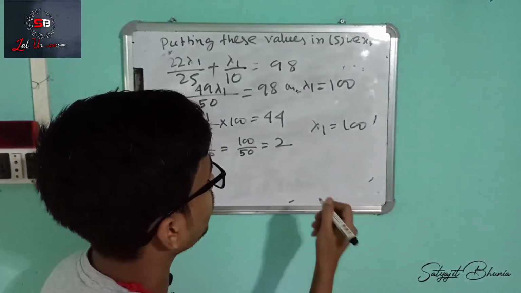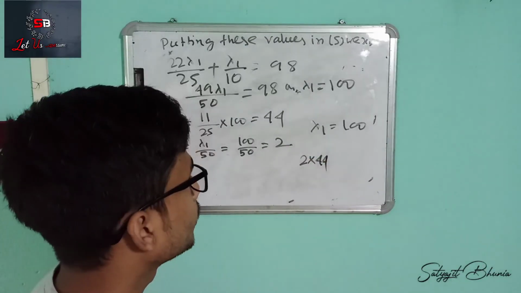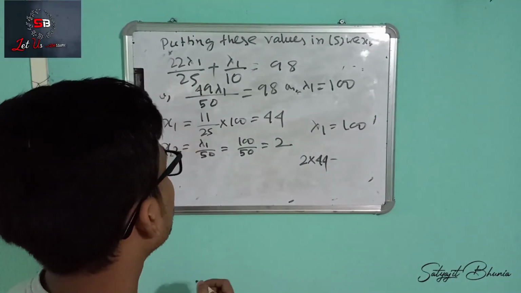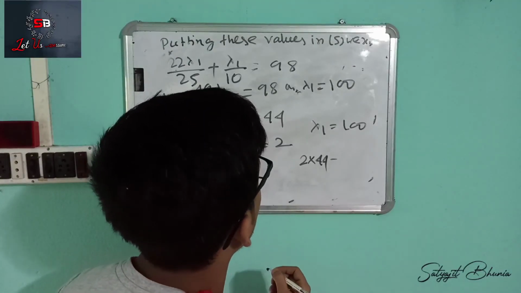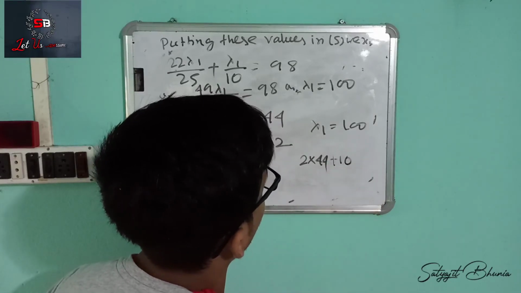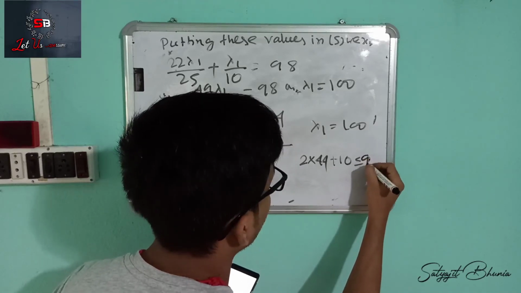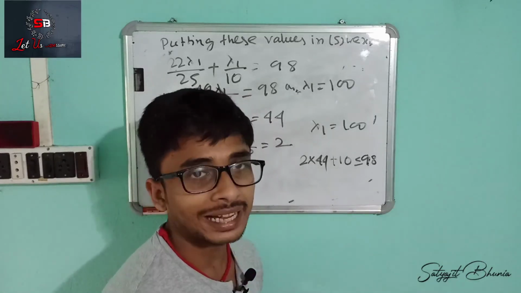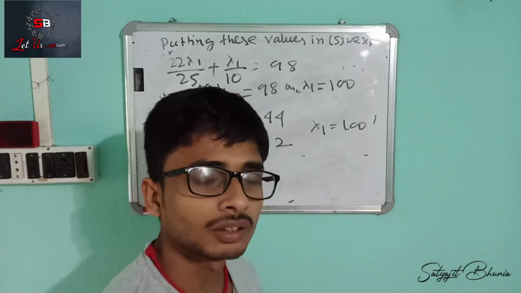We will check 2x1 means 2 into 44 plus 5x2, that is 10, less or equal to 98 or not. This is exactly equal to 98, so this will satisfy the third condition.